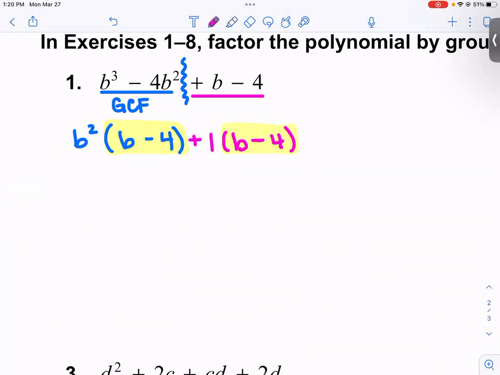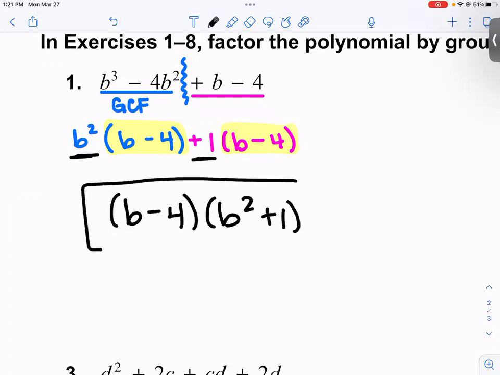So since we now have two chunks, both with a common factor of b minus 4, we're going to factor out b minus 4, and then left over is b squared plus 1.